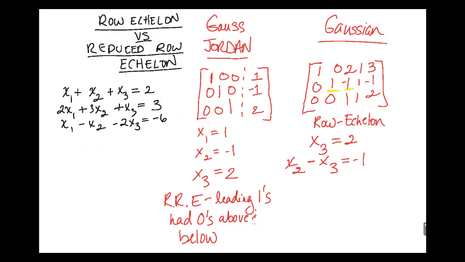But we know what x3 is, so we can plug in. I know I'm doing a little Gaussian video side note, but if I add 2 here, I get 1 there. I just wanted to show you that you also get the same answer if you did it this way.